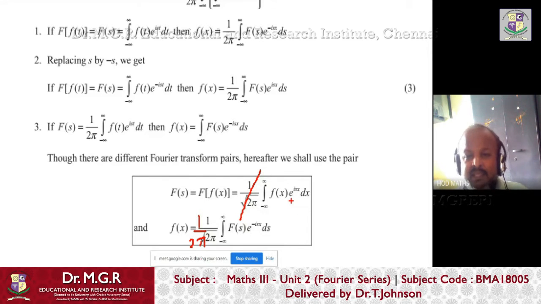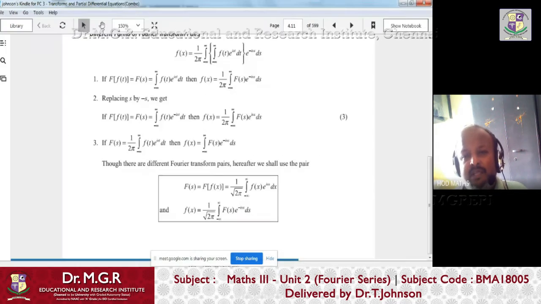The other thing is, in some books you can see a minus sign here and a plus sign here, but both are the same because both are derived from the Fourier integral theorem. Originally these two things are a double integral. From that double integral we segregate it, and we define one integral as the Fourier transform and the other integral as the inverse Fourier transform.